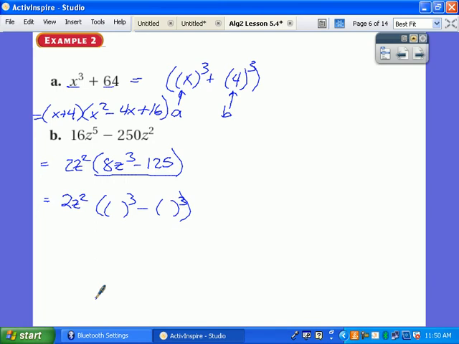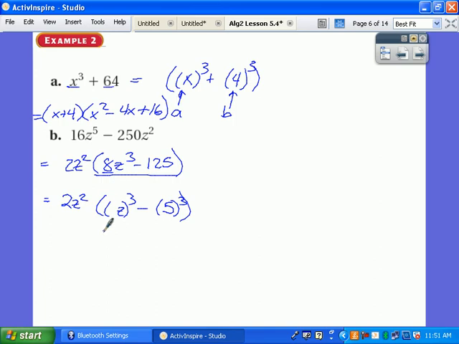For us to implement the formula, I have to know what a and b are. So let's start here with 125. What cubed is 125? Should just be 5. That's not bad. 5 cubed is 125. That part's easy. But what about 8z cubed? So I know I should have a z here, because z cubed will give me z cubed.